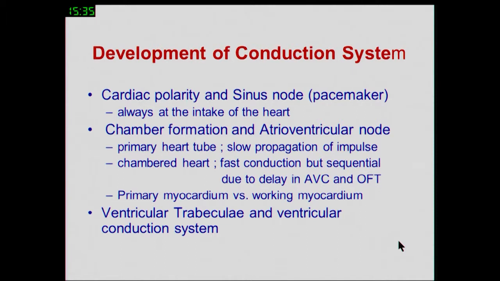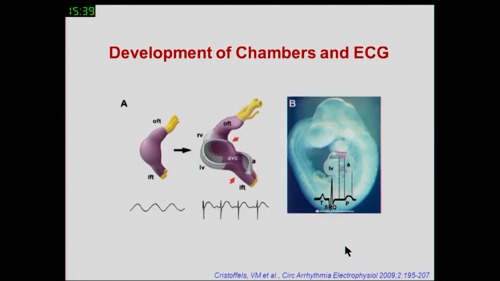Finally, I'd like to review development of conduction tissue. The linear heart is composed of slow conducting myocardium, which has peristaltic contraction. The contraction wave always starts at the end of the inflow tract and propagates to the outflow tract.